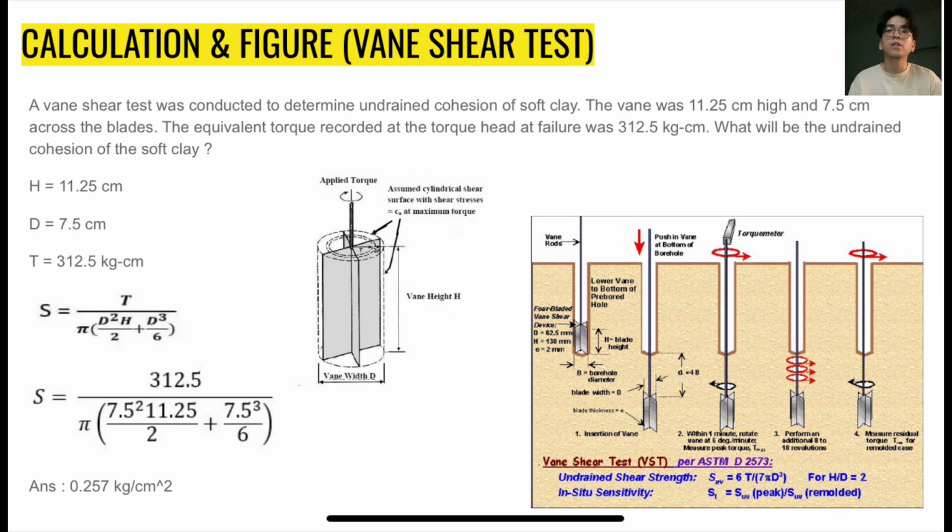So S is equal to 312.5 over pi times, in brackets, 7.5 squared times 11.25 over 2 plus 7.5 cubed over 6. And the answer is 0.257 kilogram per centimeter squared.